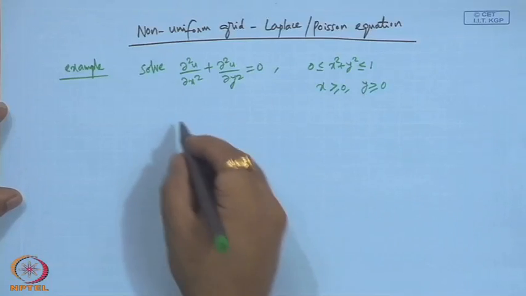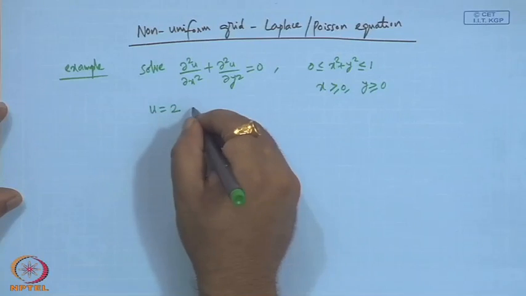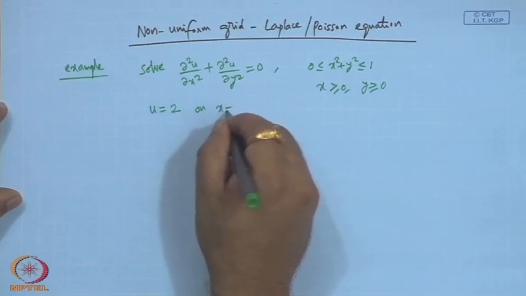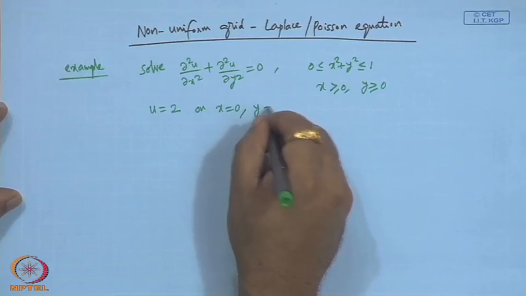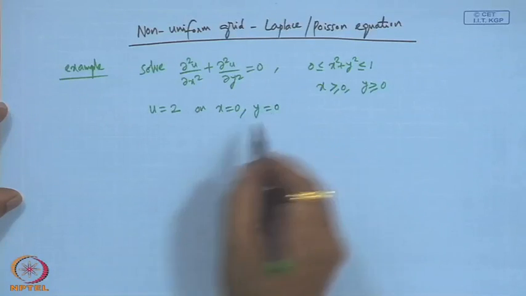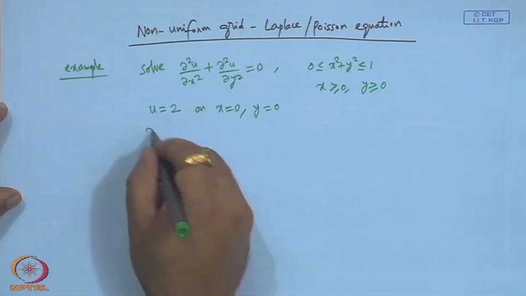So, in the first quadrant, u is 2 on x equal to 0. So, this we started in fact in the last lecture.